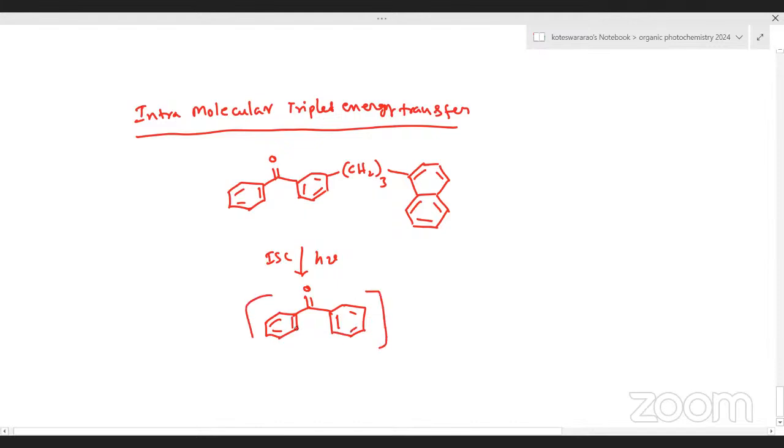This species gets the triplet state of n to pi star. Triplet state of n to pi star, and it is bridged with some 3 or 4 methylene groups, and naphthalene is also attached here.